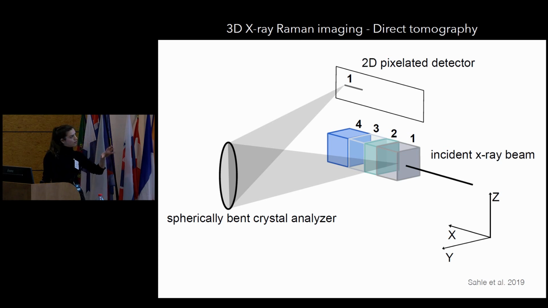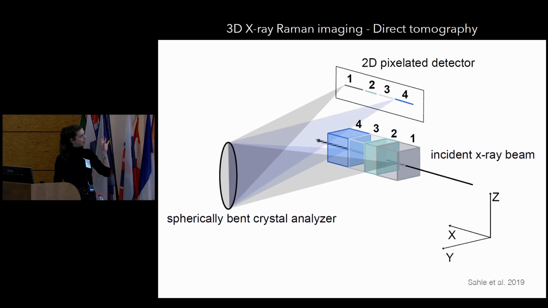When the incident X-ray beam interacts with a heterogeneous organic sample, the photons scattered off the sample will be placed in a different area in a two-dimensional pixelated detector because of the point-to-point focusing properties of the crystals.